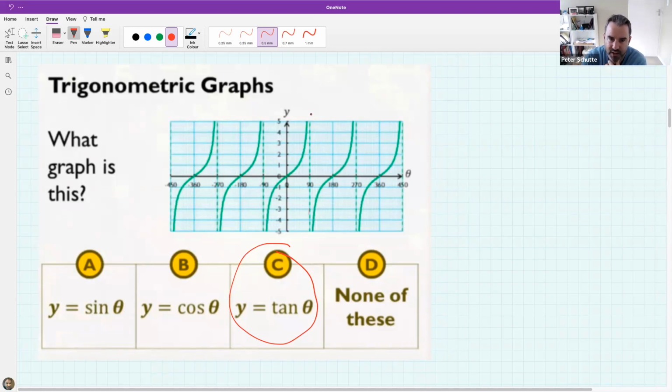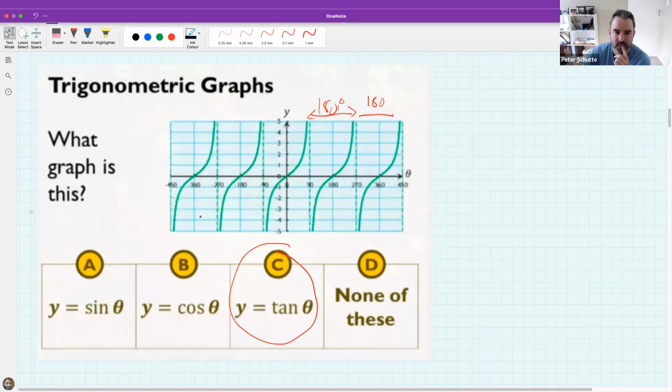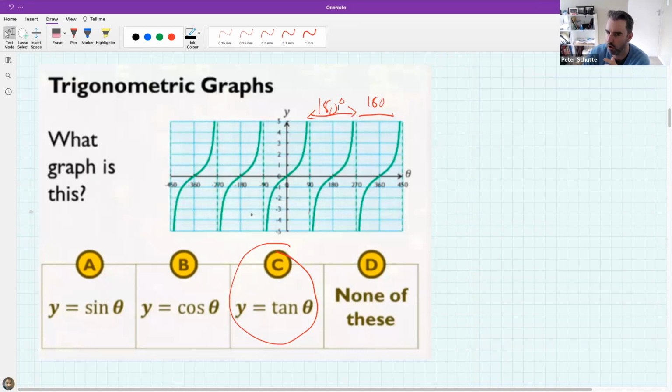And you notice there's an asymptote every 180 degrees. And the reason they come every 180 is that the period of the tan graph is 180. So everything repeats itself every 180. So whenever you see these asymptotes, you know that probably tan is involved.